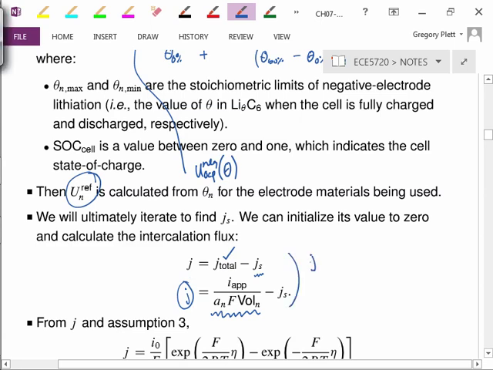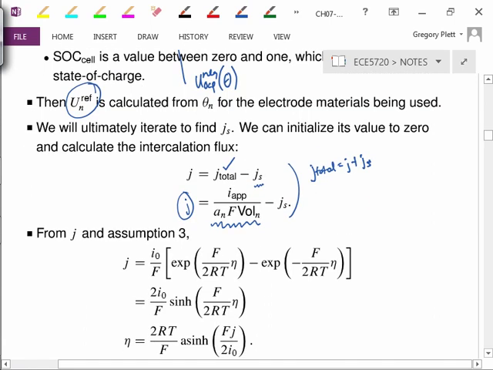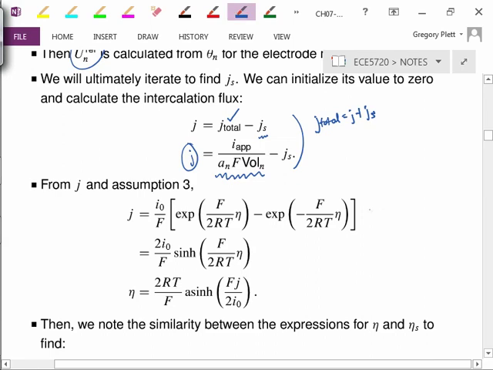By the way, this is just J total equals J plus Js rearranged, is all I've done here. So based on this value of J and the assumption 3, first, J is this Butler-Volmer equation. There's nothing too exciting there. Notice that alpha equals a half has been inserted here.